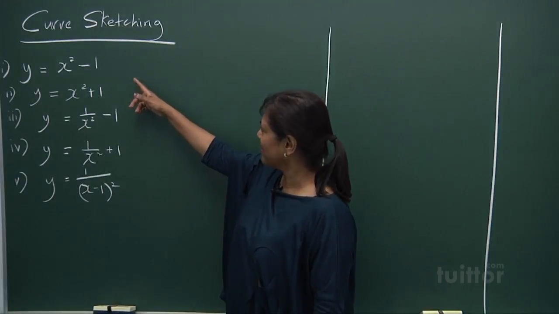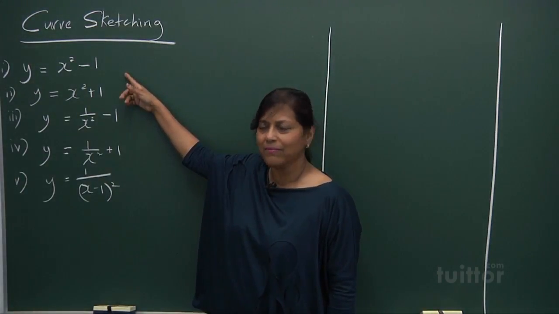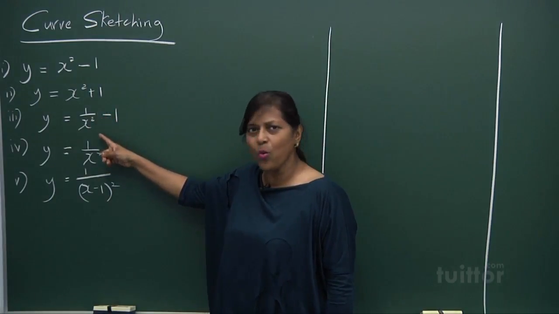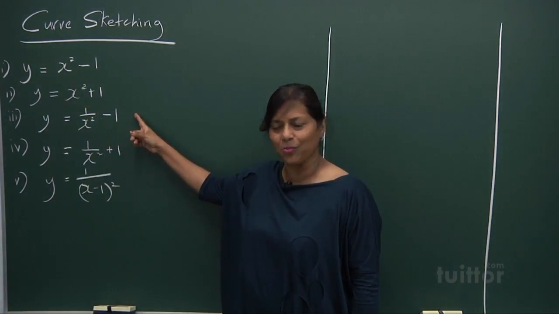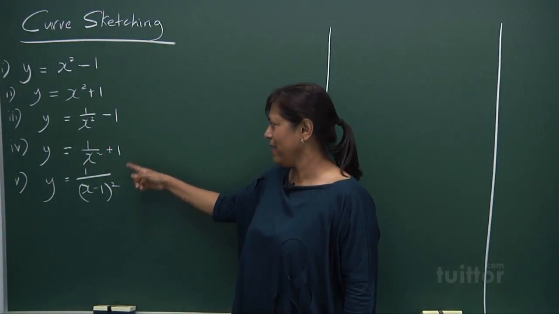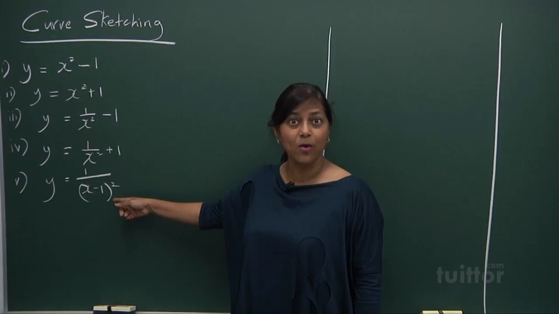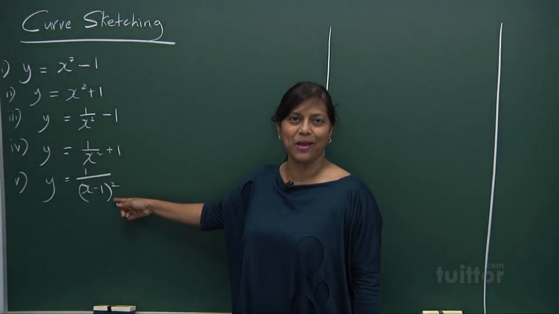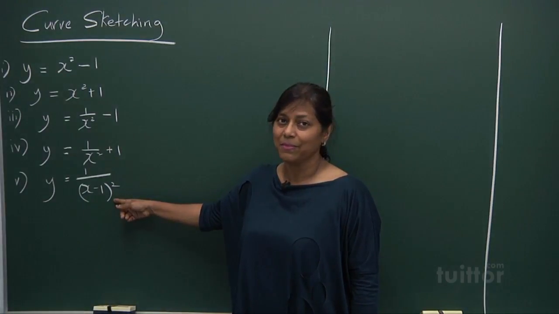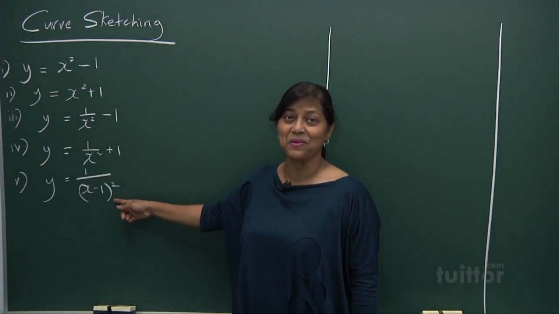Look at this: x squared minus 1, x squared plus 1, 1 over x squared minus 1, 1 over x squared plus 1, and now this, 1 over x minus 1 squared. They look so much alike, but they are very different in many ways.